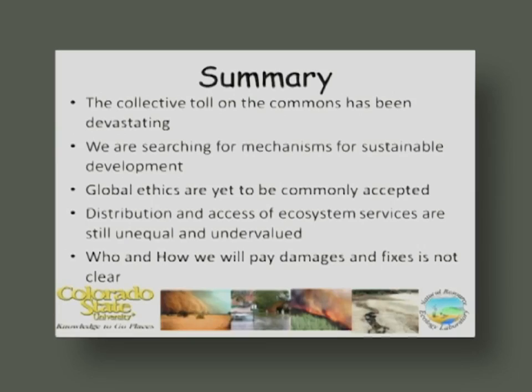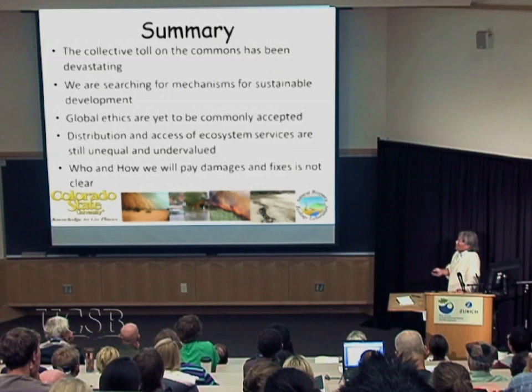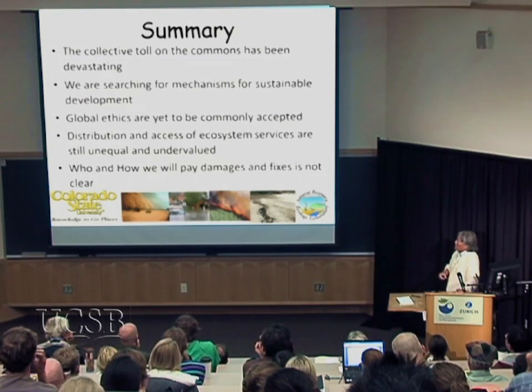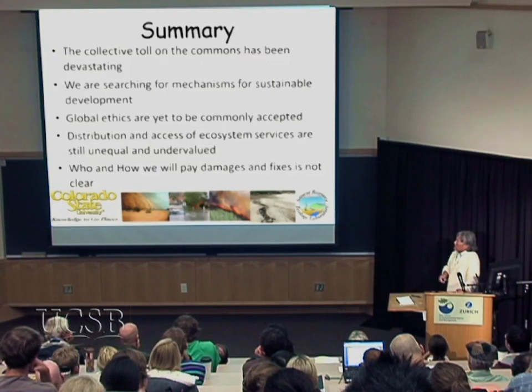How do we make the distribution and access to ecosystem services more equitable, and provide a value system where we protect and enhance our ecosystem services? And the whole question of who will pay for the damages or the fixes in the coming decades, and how, is really unclear.